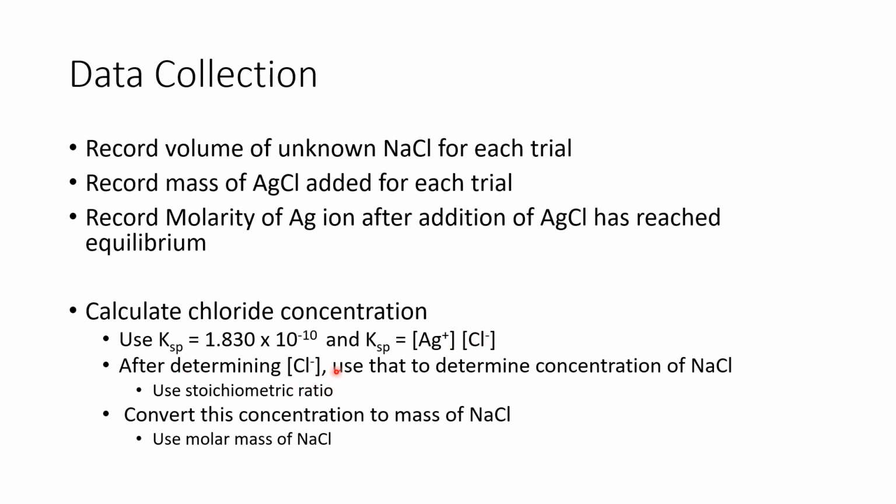After you determine your chloride, you will use that to determine the concentration of NaCl. I do want to see this written out on your work. I know you're probably like, oh, that's simple, why do I need to show that? Please show it, and show me that you understand that there's a stoichiometric ratio to that. If you have any questions about that, let me know.